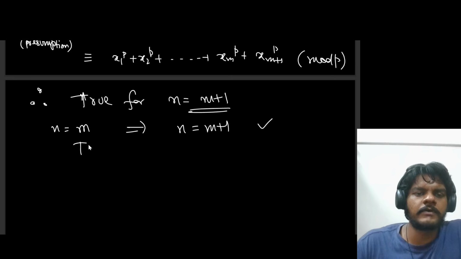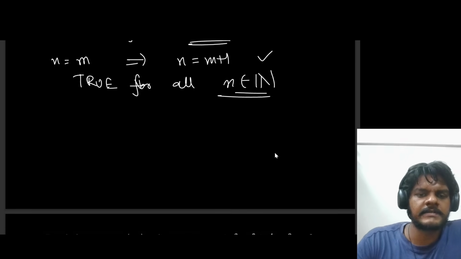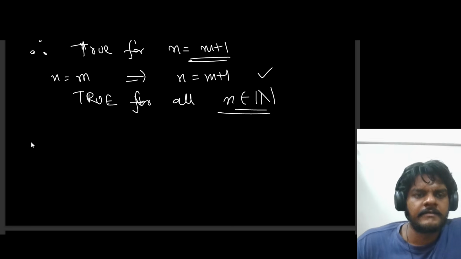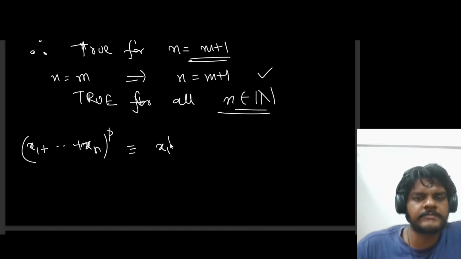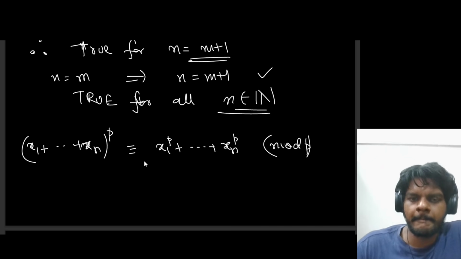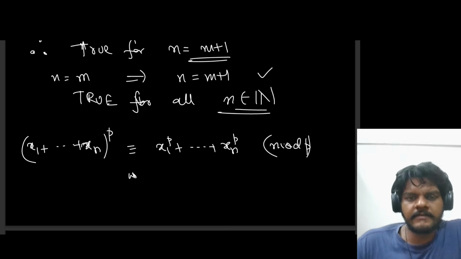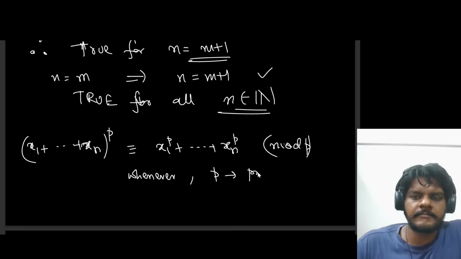So this is true for all n. Therefore, what we finally proved is that (x1 + ... + xn)^p is always congruent to x1^p + ... + xn^p mod p, whenever p is prime.